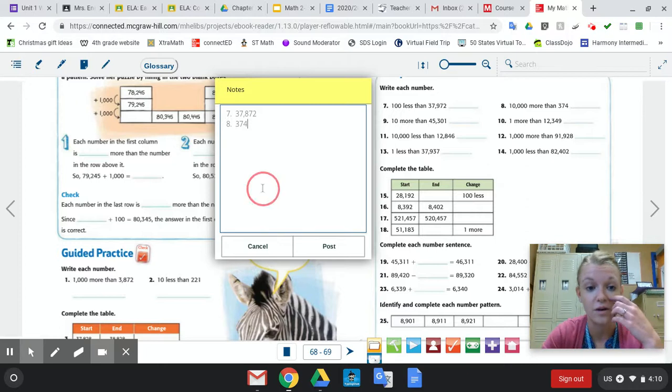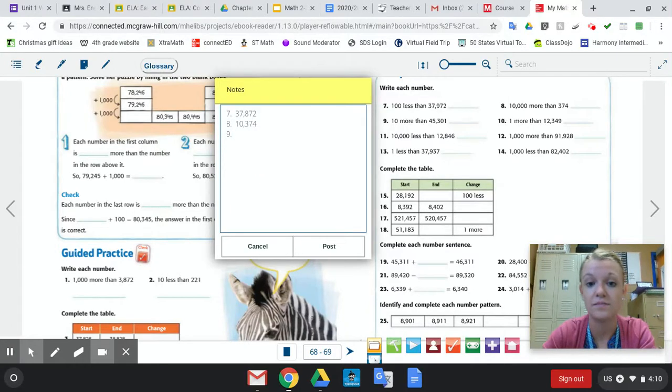If I wrote this out, it would look like 10,000 plus 374. And when I add that up, I'm going to have 4, 7, 3, 0, and 1. So that means I need to have 10 in front of this number. 10,374 would be my answer then.